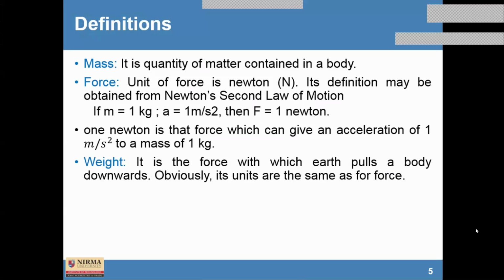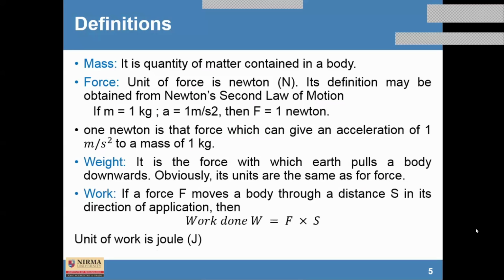Weight is the force with which Earth pulls a body downwards. Obviously, its units are same as the force. Work, if a force F moves a body through a distance S in its direction of application, then work done is force into distance, where S is the distance. Previously you have considered it as force into distance, but here S is considered as distance, no issue.